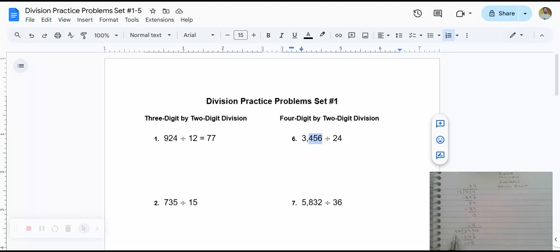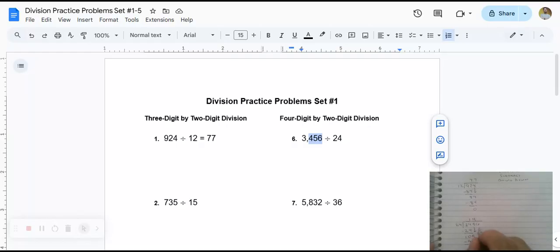Then I'm going to multiply 24 times 4. 20 times 4 is 80. 4 times 4 is 16, and so 80 plus 16 is 96. And so that's what I'm going to subtract now. 105 minus 96 would be 9.